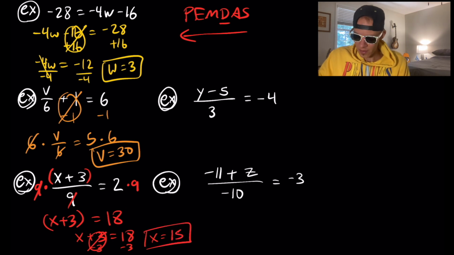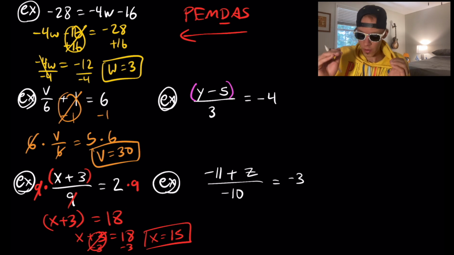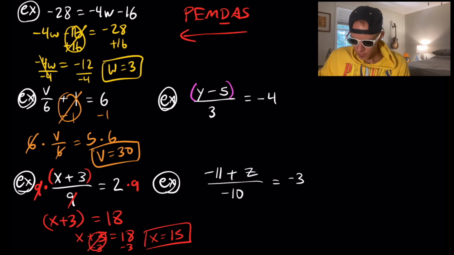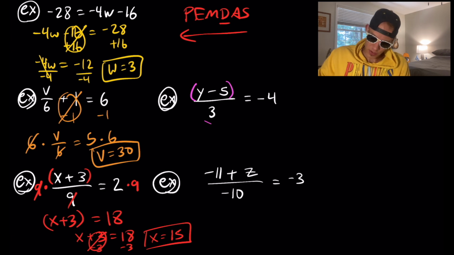All right, again here, I see an expression in the numerator. So instantly the reaction should be, let me put some parentheses around that to treat it as one term. All right, and then there's no other addition or subtraction going on outside the parentheses, but I have a division by 3. So let me just multiply both sides by 3.